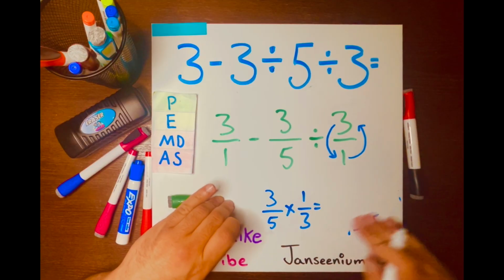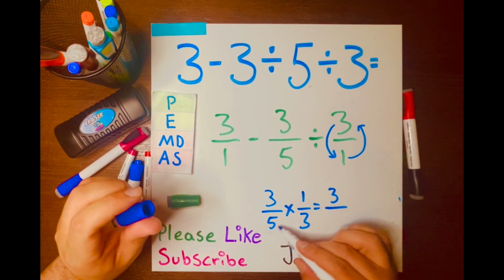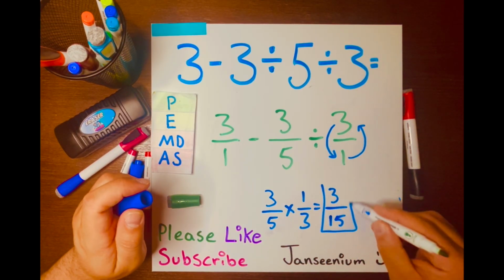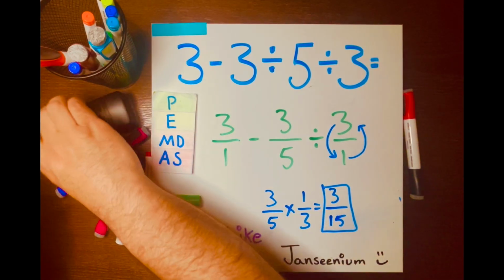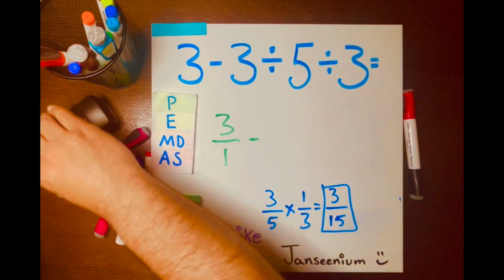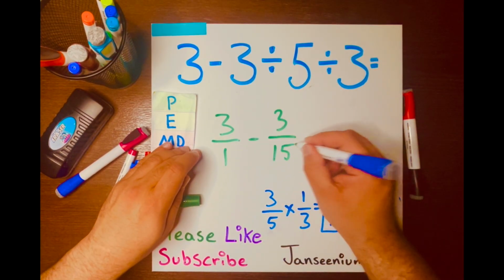Next, we multiply across. So 3 times 1 equals 3, and 5 times 3 equals 15. So we have 3 over 15. Next, I'll erase this part that we solved and write the 3 over 15.